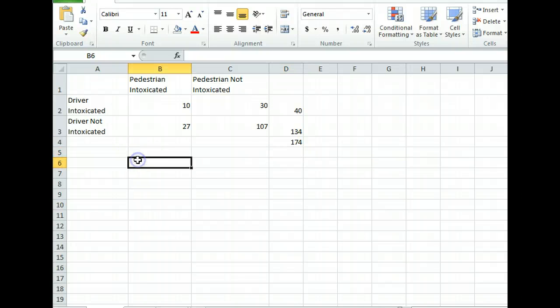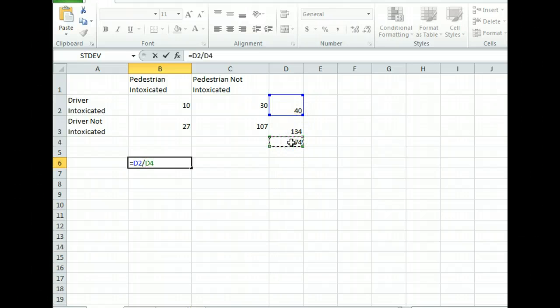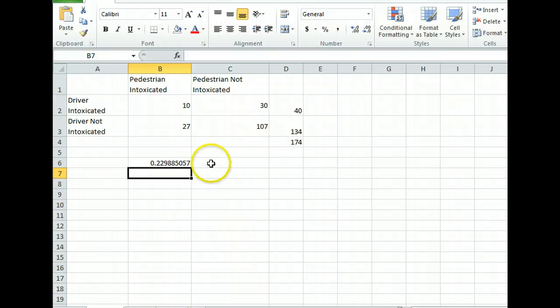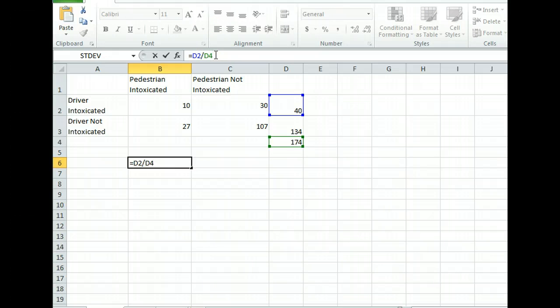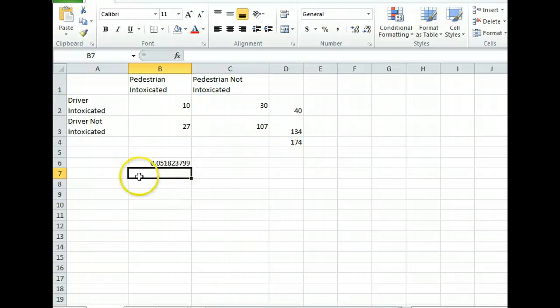So then I would write equals 40 out of 174, that was the first probability, and then times the second probability would be 1 less than this, so 39 divided by 173. Okay, and then I get 0.0518 or 0.052 like we got last time.